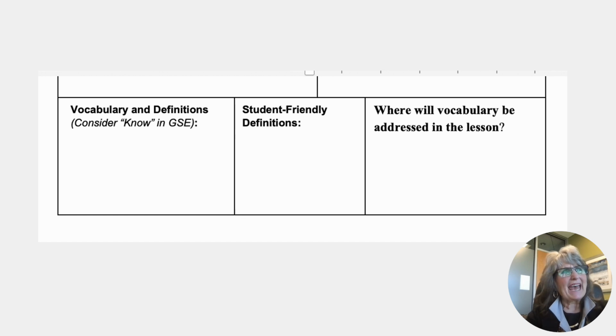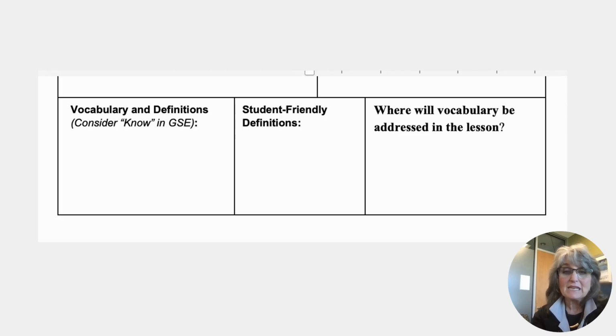And let me just add here that if there is some academic vocabulary that the students might need to know, depending upon what you're teaching and how you're teaching, then you could add that here also. But on every lesson plan, make sure that you have at least two or three vocabulary words and their definitions to write here.